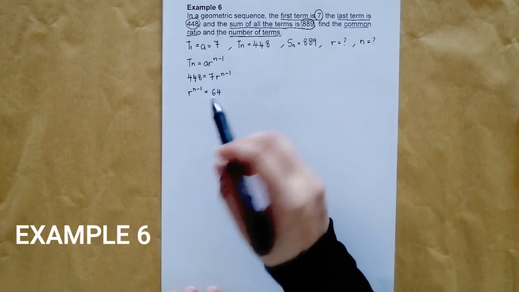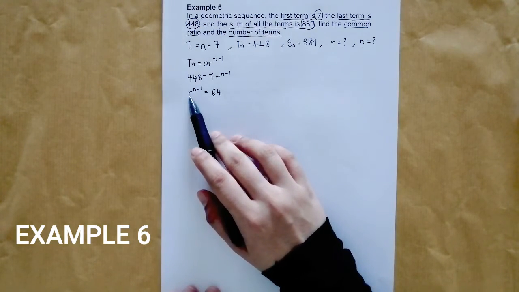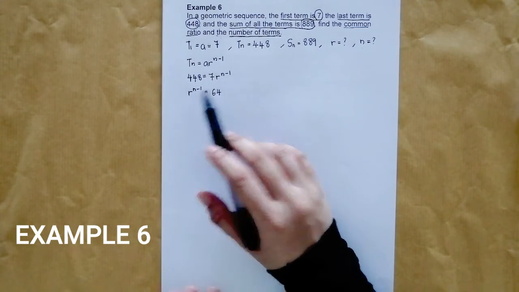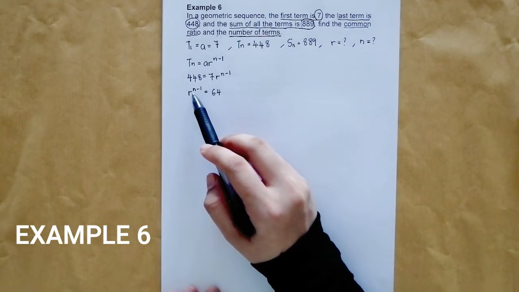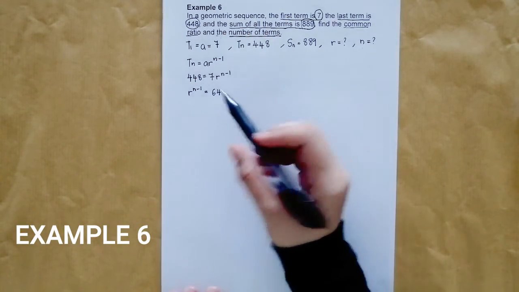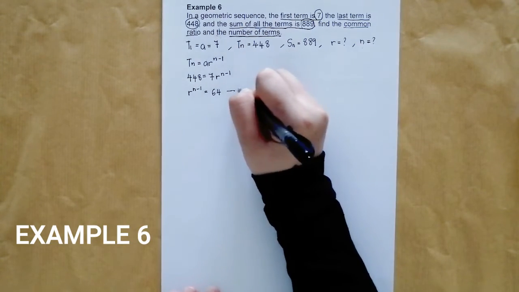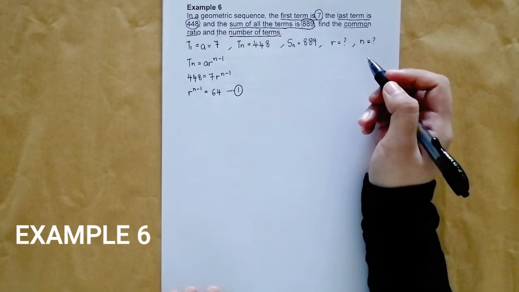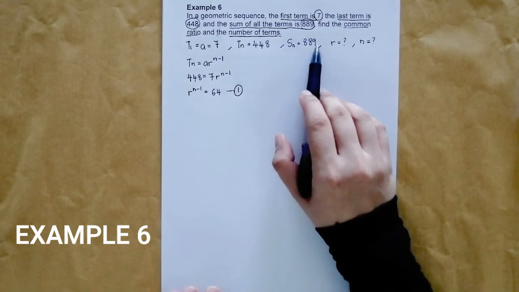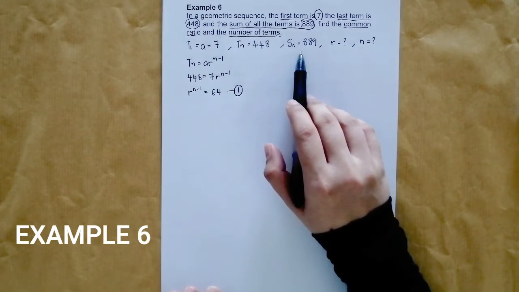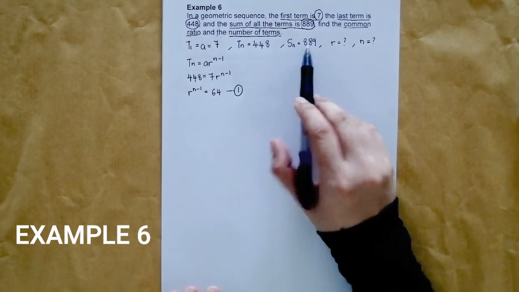Now we have two unknowns. So you must have at least two equations to find two unknowns. So this is the first equation. Let's define it as equation 1. We can use this information to form the second equation.